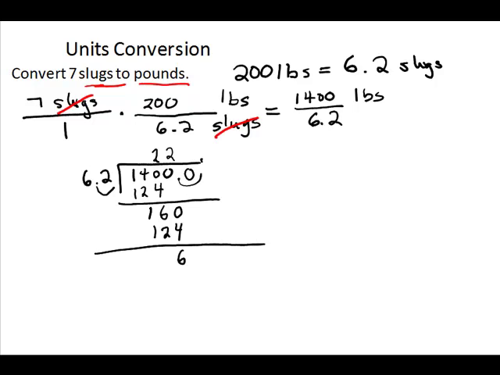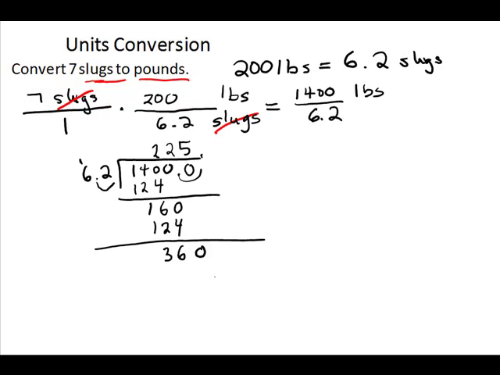Subtract. And bring down. 62 into 360 will give us 5. We'll multiply back. 5 times 62 will give us 310.